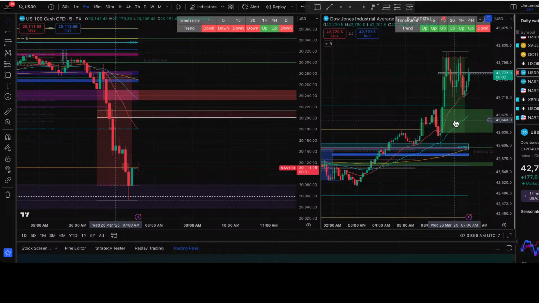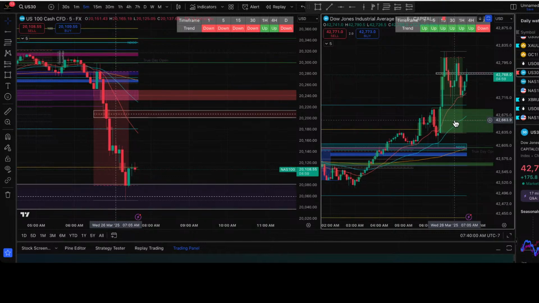But again, your bias has to change. You have to change with the markets. So as soon as the spotlight strategy is complete at 10:30, we always switch over. But as you can see, it was one clean leg that broke.